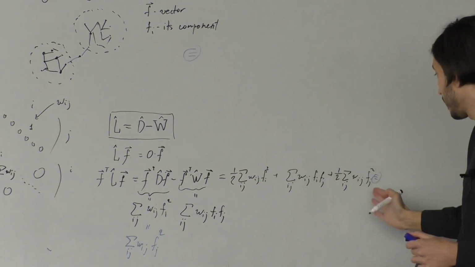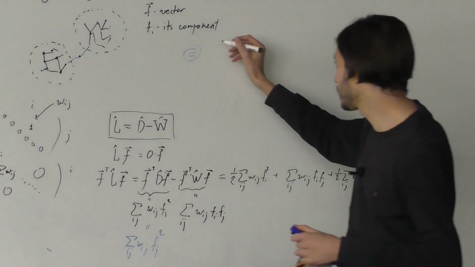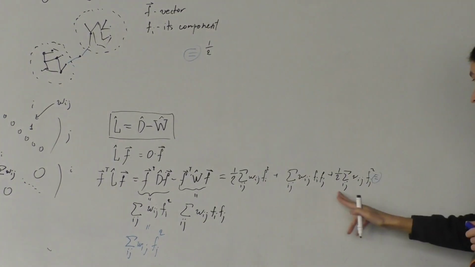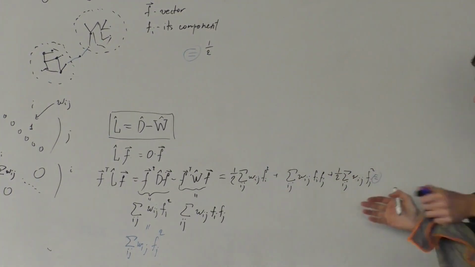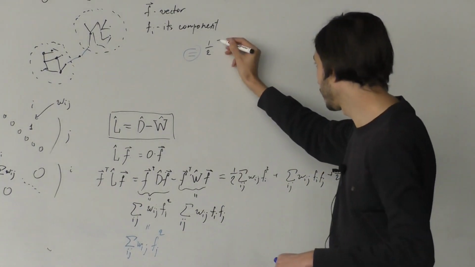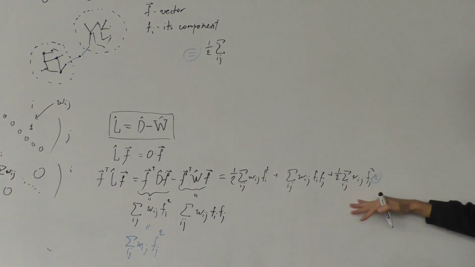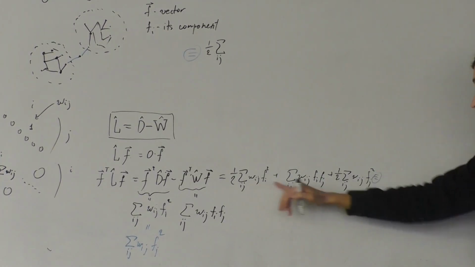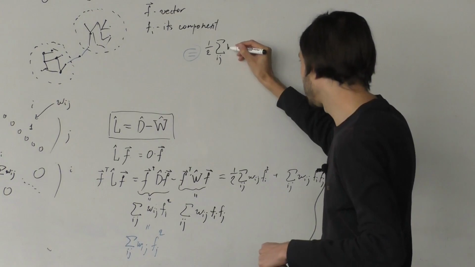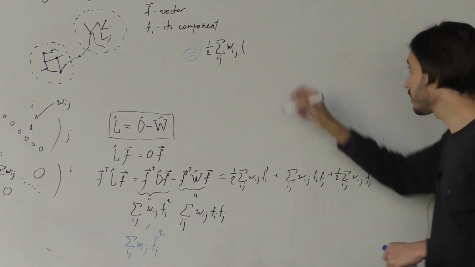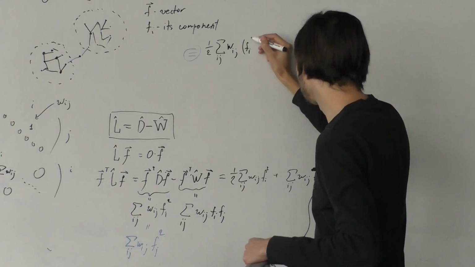I can take out this 1/2. Here all are sums over ij. I can take the sign of sum right here, yeah, because everything is linear. And I can take w_ij. And in here I get f_i squared.